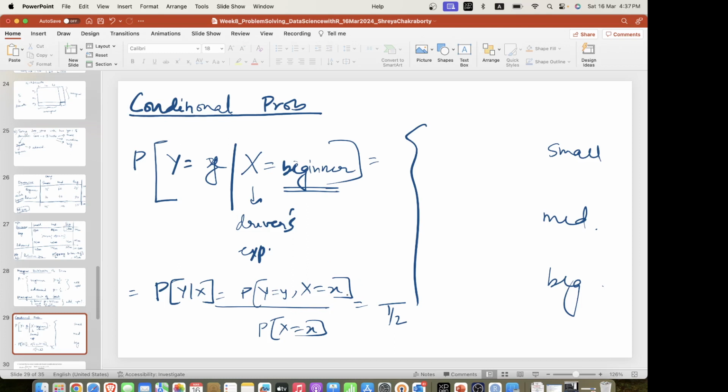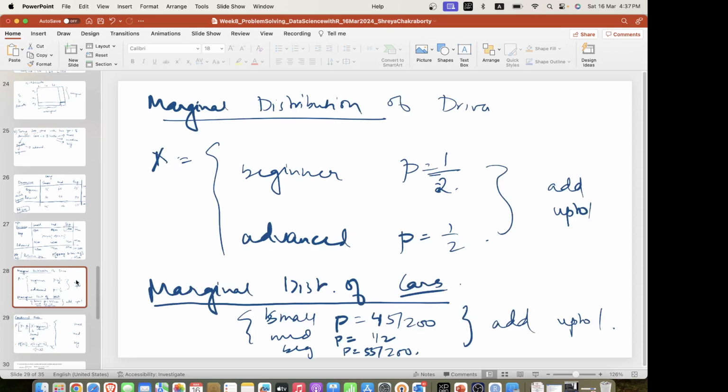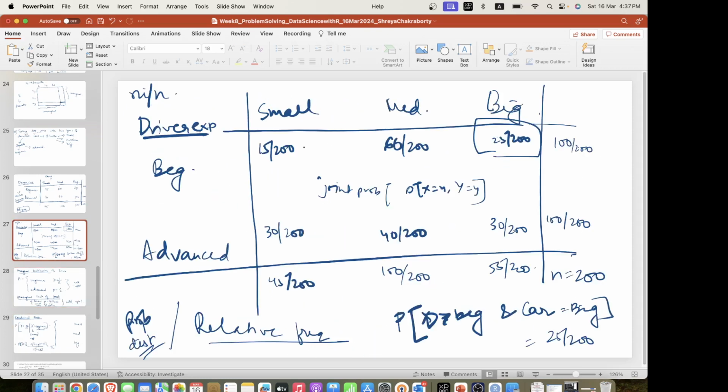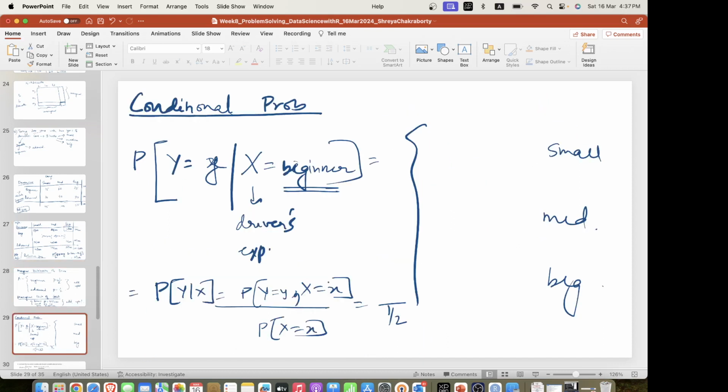So that would be 1/2, and Y equal to y, X equal to x means the driver is a beginner, and comma means 'and' or intersection, the car is small. So, that probability is how much? That is beginner and small, 15 by 200. So, this probability is 0.15.